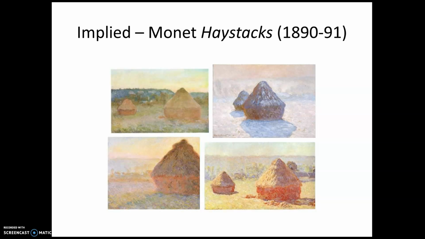So not only do we have the implication of the subject matter, which is this haystack, we have the implication of a time of day. We can see that represented with the colors, right? And we know the sun rises in the morning and the sun sets in the daytime. Especially here in New Mexico, we've got lots of different colors that represent those times of day.